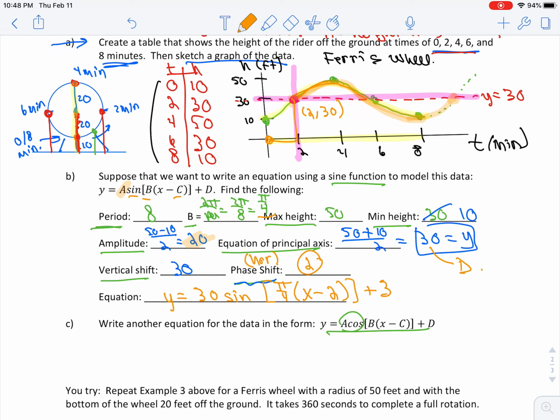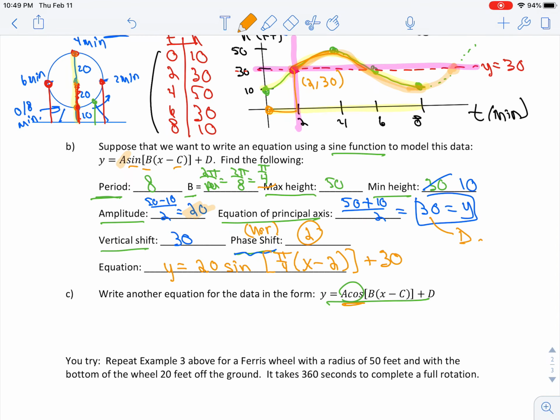Remember this is d also, 30, not 3. My amplitude was 20. There we go. All right, so then you can check that on your calculator and just make sure that that works.